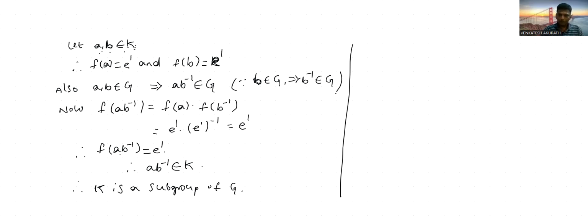Now take X belonging to capital G and A belonging to K. Then one element from capital G, one element from capital K, and the inverse element from capital G, this total product also belongs to K. Then K is a normal subgroup of capital G.